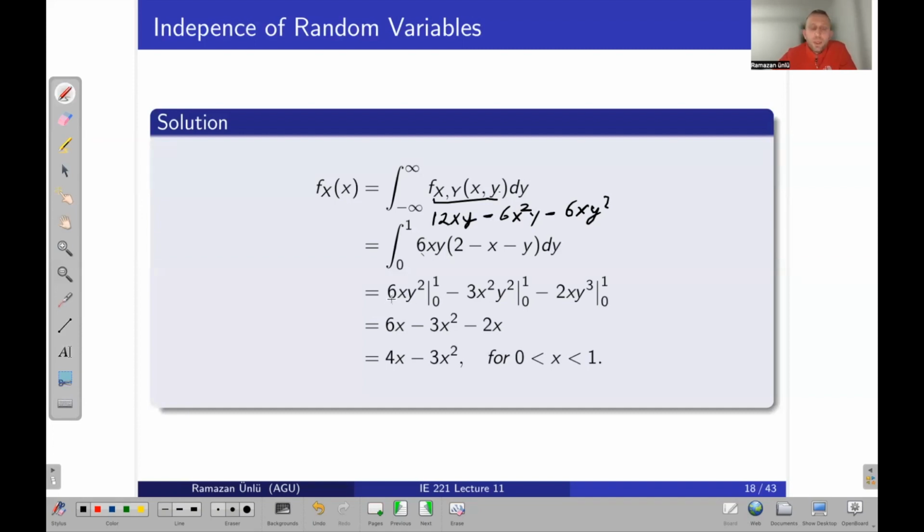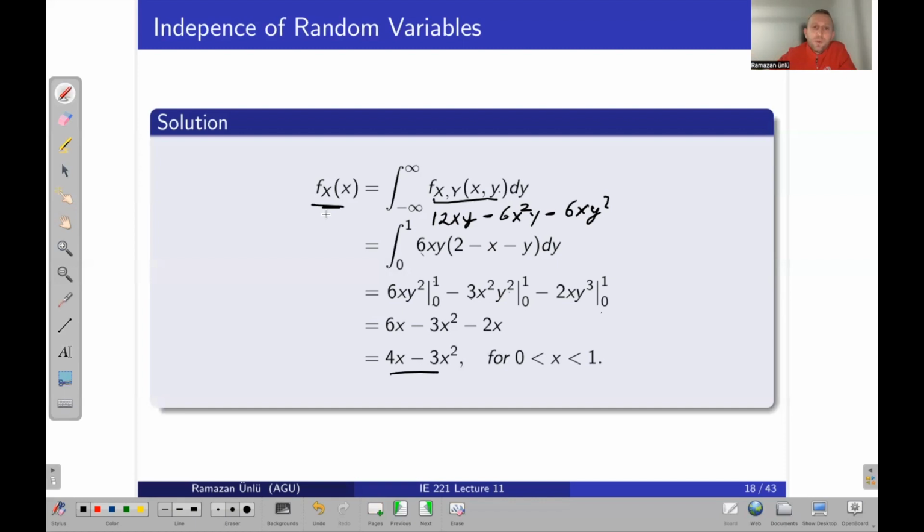The first part will be 6 times x times y squared, evaluated from 0 to 1, and minus 2 times x squared times y squared, evaluated from 0 to 1, and minus 2 times x times y cubed, again evaluated from 0 to 1. If you do some simple math here, you will get 6x minus 3x squared minus 2x, and that is 4x minus 3x squared. So that is the marginal PDF of x.